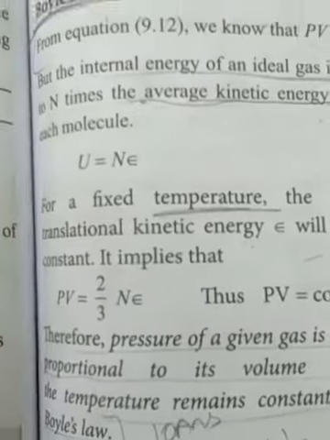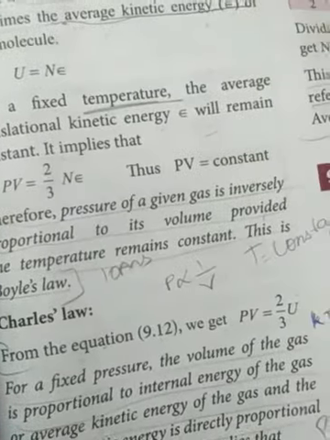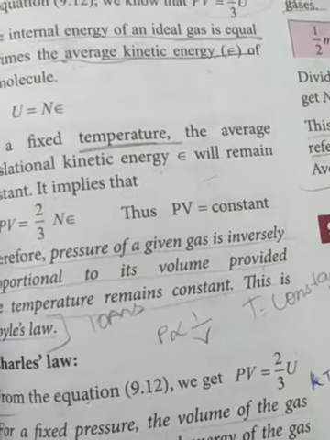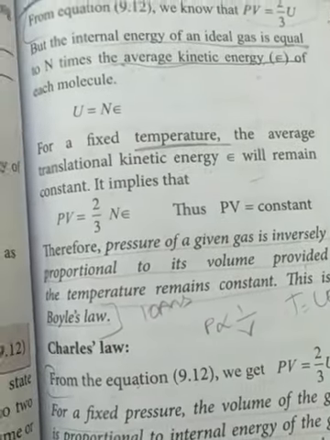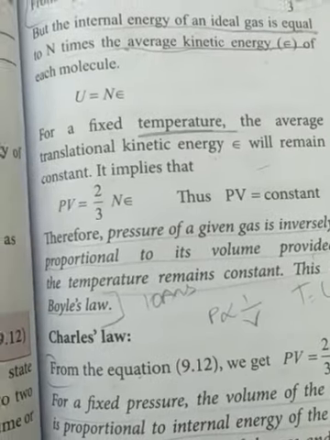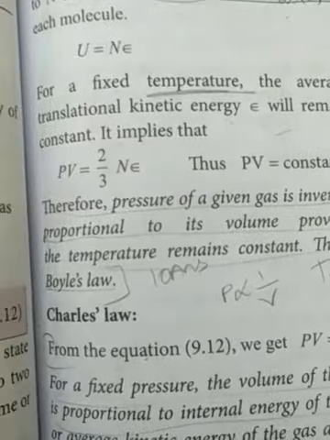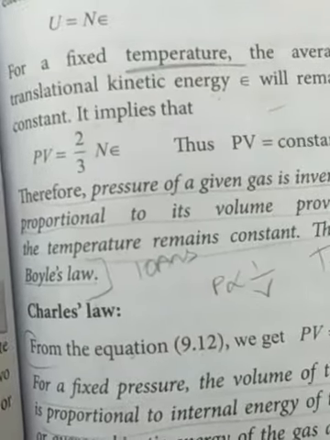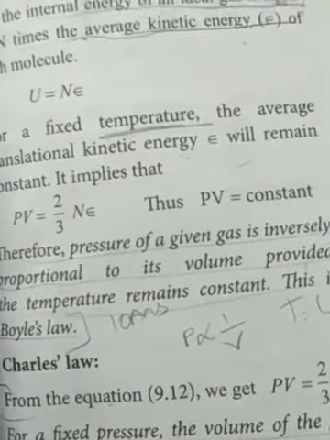Next, for a fixed temperature, as I already told you, in Boyle's law we take the temperature as constant, so the pressure given to the gas is inversely proportional to the volume of the gas.